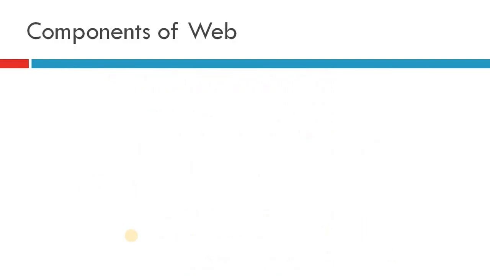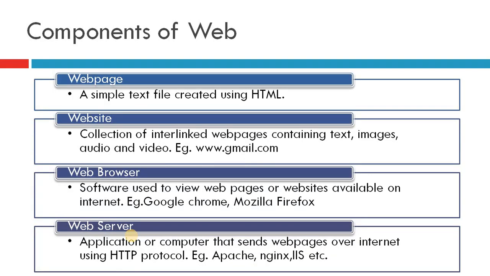Next, we have to see some of the terms or the components of the web page. The first component is web page. A web page is a single text file created using HTML. When a single file is created using HTML program, that is known as a web page.